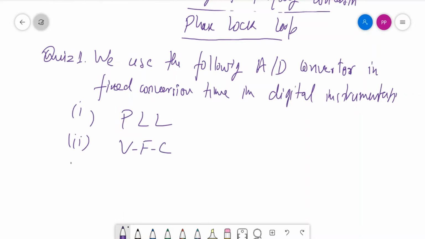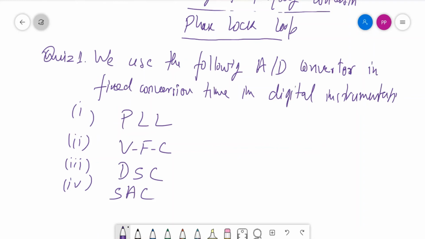The third option is the dual slope converter, and the fourth option is the successive approximation converter. So take a pause and have a thought about the topics you studied, and then come back to tick the correct answer.